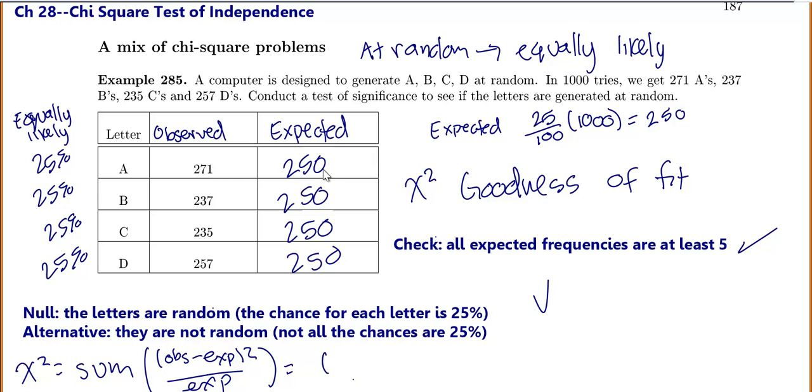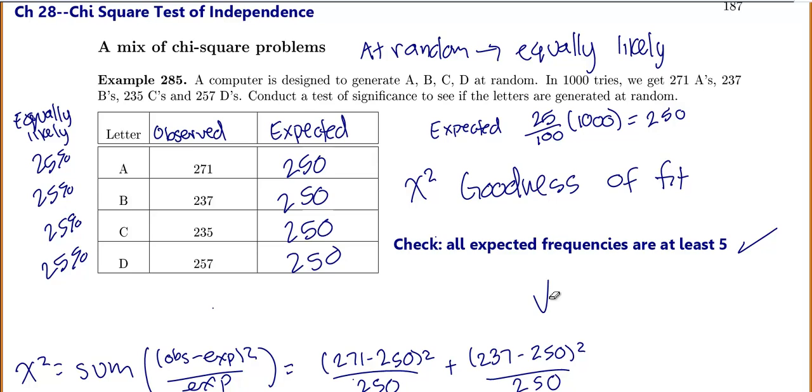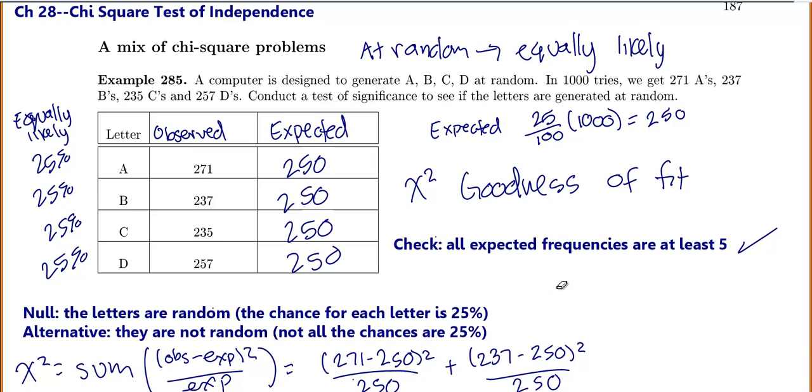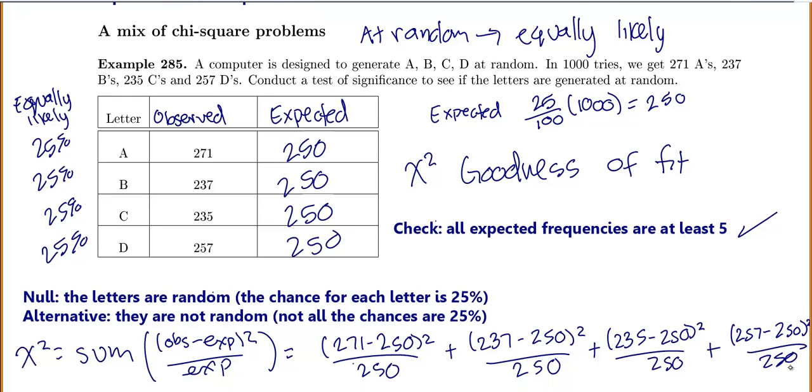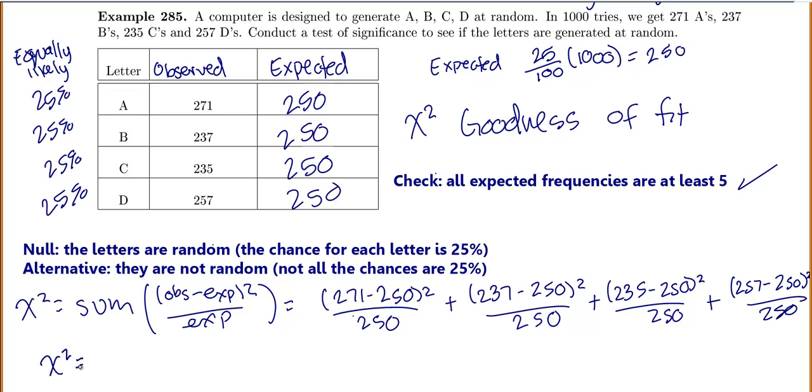In our case, our first observed is 271 and the expected is 250, squared over 250, plus my next one is 237 with an expected of 250, and 235 observed, 250 expected, and 257 observed, 250 expected. So chi-squared equals 3.536.